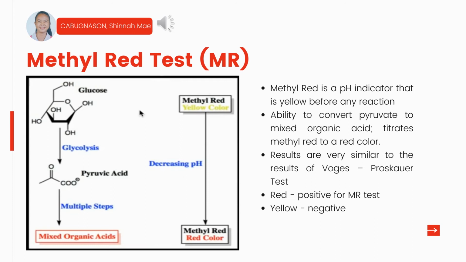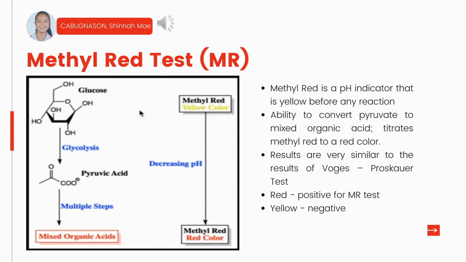As we start with glucose, the methyl red is yellow in color. But as we go through glycolysis to form pyruvic acid and then mixed organic acid, the mixed organic acid is going to titrate the methyl red with a decreasing pH to a red color.